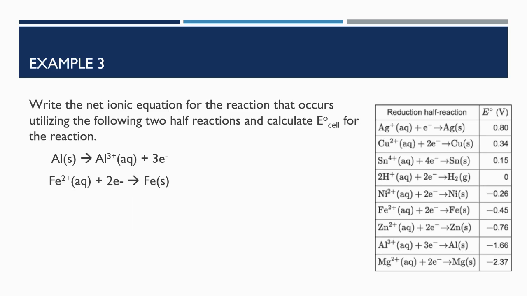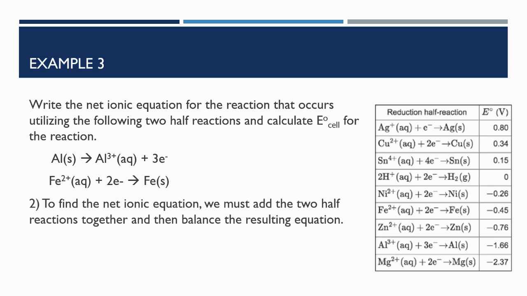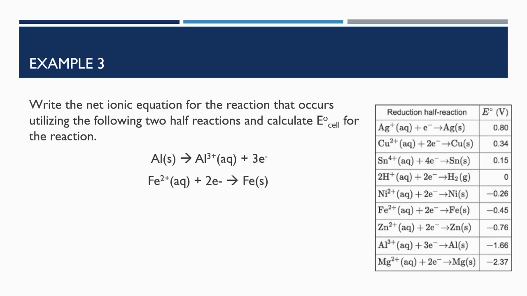That means that to write the balanced equation, we need to flip the aluminum, as we've done. And now we've got to just balance this redox equation, which we haven't done in a while. So let's look at it. Notice that the first reaction produces 3 electrons, but the second reaction only accepts 2 electrons. So we need to balance the charge of these 2 reactions by balancing the electrons.